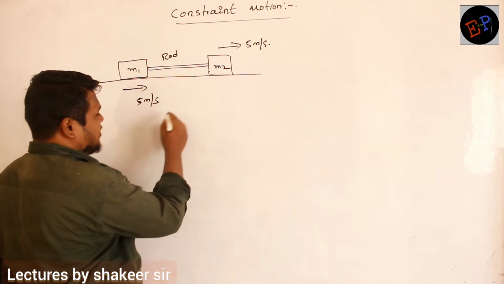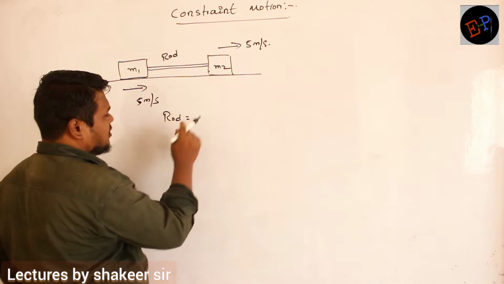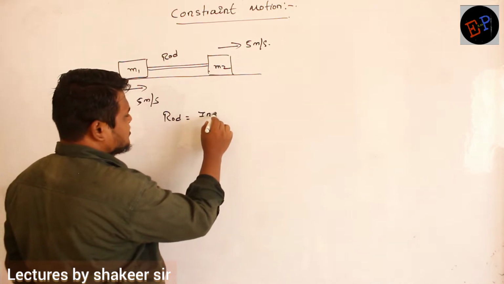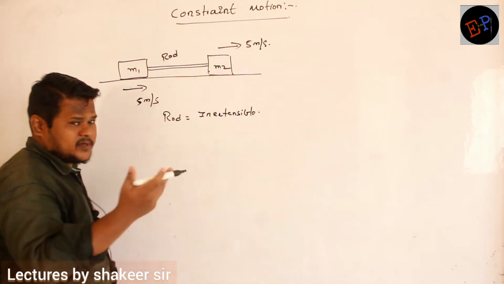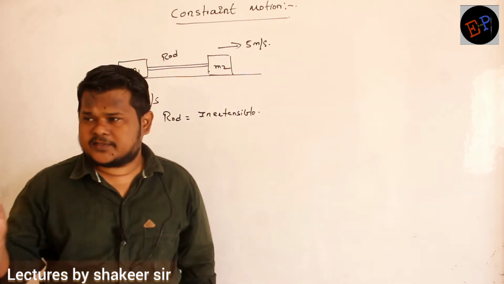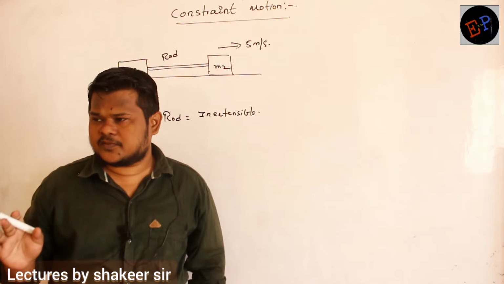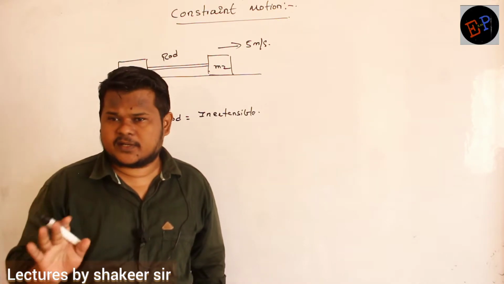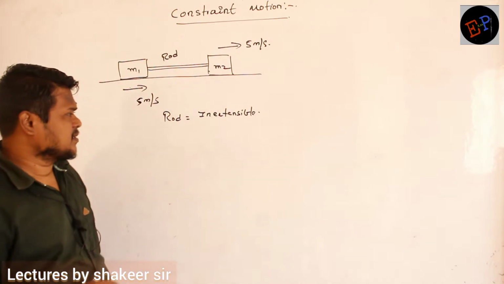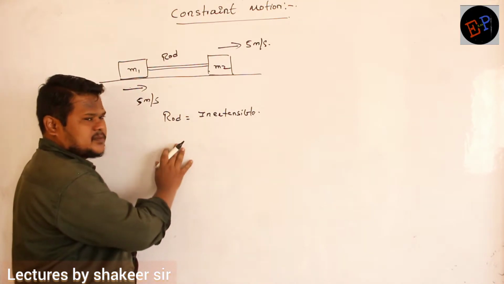See my rod, why am I taking a rod here? The rod is inextensible. What are the properties of an iron rod or a steel rod? It is inextensible. Inextensible means you cannot increase the length of this rod. The length of this rod cannot be changed. So this is an inextensible rod.